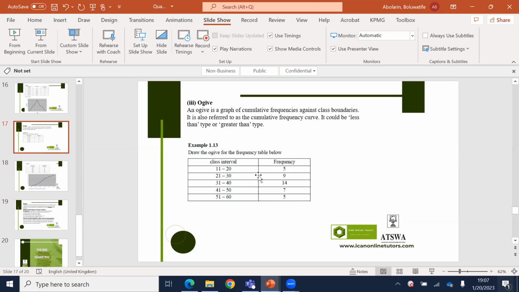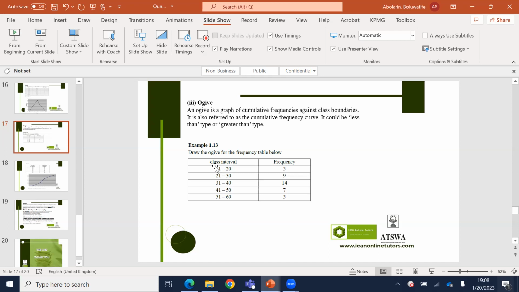Now I will advise you to use less than. What I mean by less than is that you will use the lower class boundary. Each type of graph has different principles, so you have to note the principle. So for this OGIVE, you will choose the lower class boundary. And how do you get the lower class boundary?